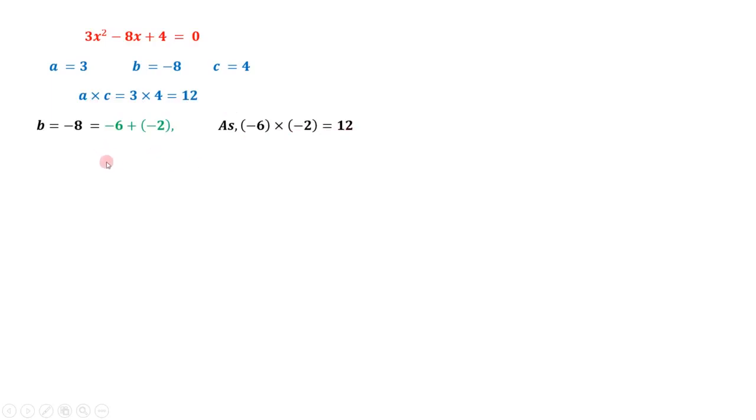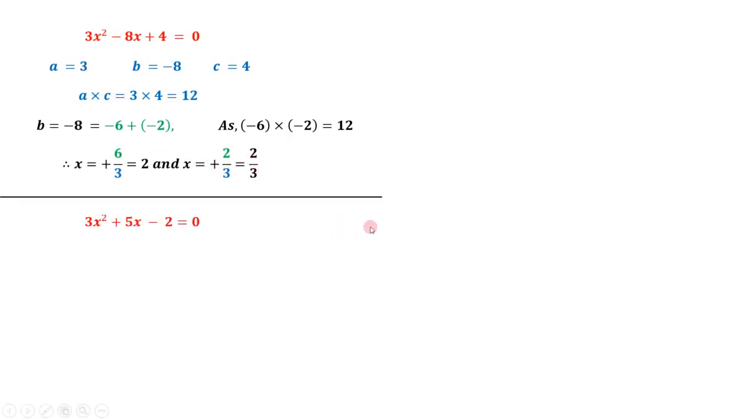Now let's move towards the last step. x is equal to, first of all, we'll use this 6 here, change this negative sign to positive, and divide by the coefficient of x squared, which is 3, and we'll get the first value of x as 2. Now taking this negative 2, we'll change this negative sign to positive and divide again by the coefficient of x squared, which is 3. So we'll have the second value as 2 over 3.